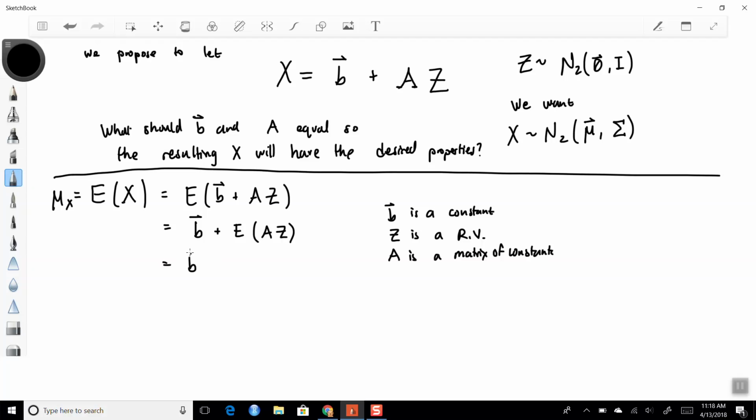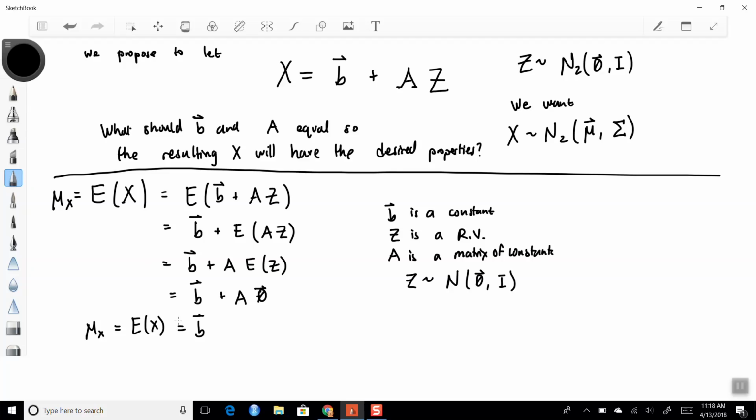So here we're going to get b plus A times the expected value of z, and again, z comes from normal 0, I. So what's the expected value of z? It's going to be the 0 vector. So what we get is that the expected value of our x variable, mu sub x, is equal to b.